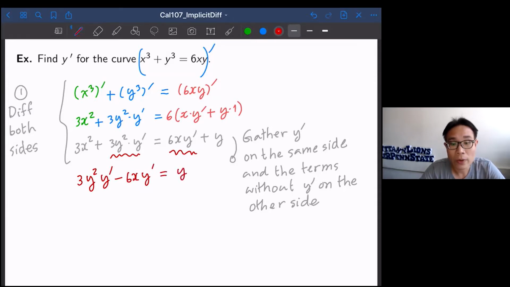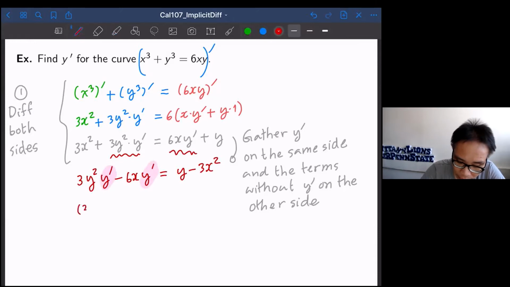So you get 3y squared y prime minus 6x y prime equal to y minus 3x squared. And you see that you'll be able to pull out y prime.